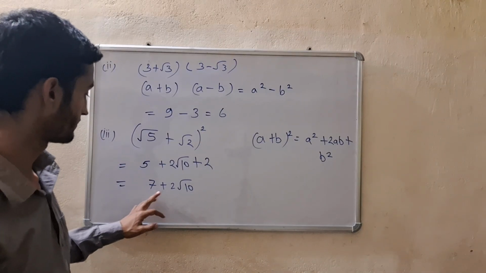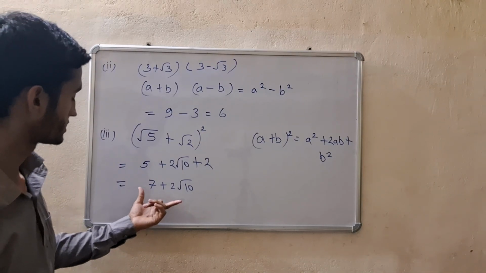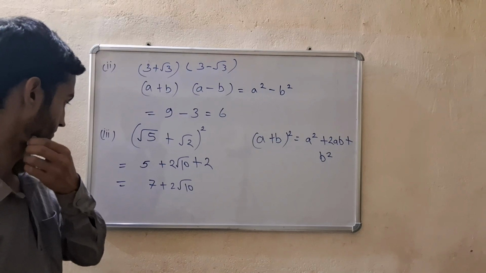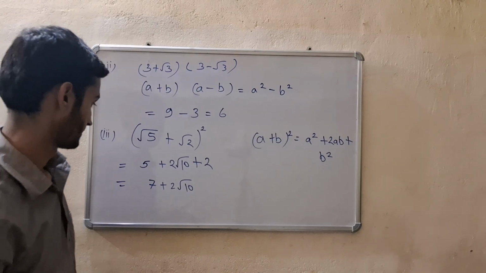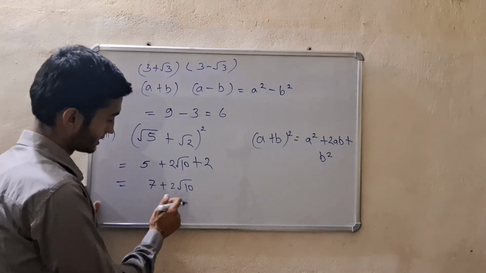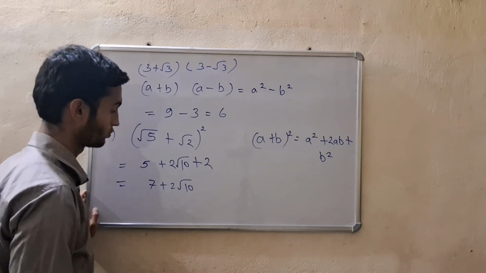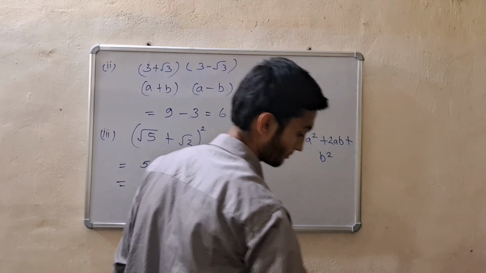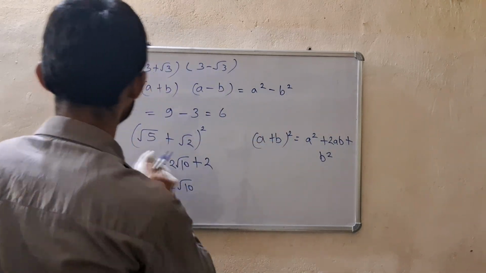You can say that whatever this is, it is greater than 7, right? And first of all, you should know what the square root of 10 is. Then you can make a better estimate of it.